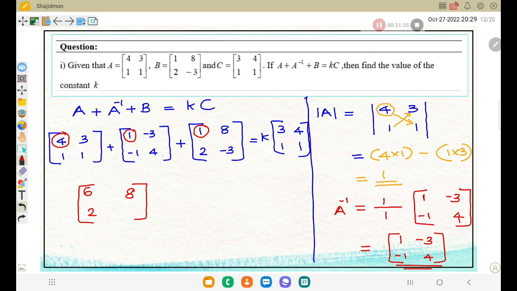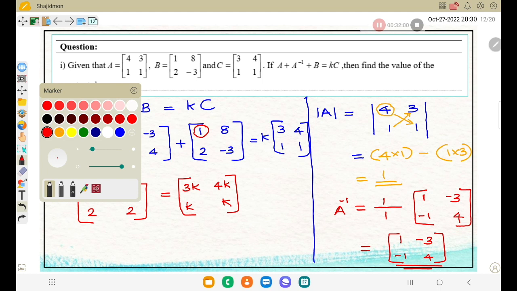Fourth number: 1 plus 4 is 5, 5 minus 3 is 2. Correct? Equal to k multiplied by 3, 4, 1, 1. K multiply means each element is multiplied by k. K multiply 3 is 3k, k multiply 4 is 4k, k multiply 1 is k. Correct?